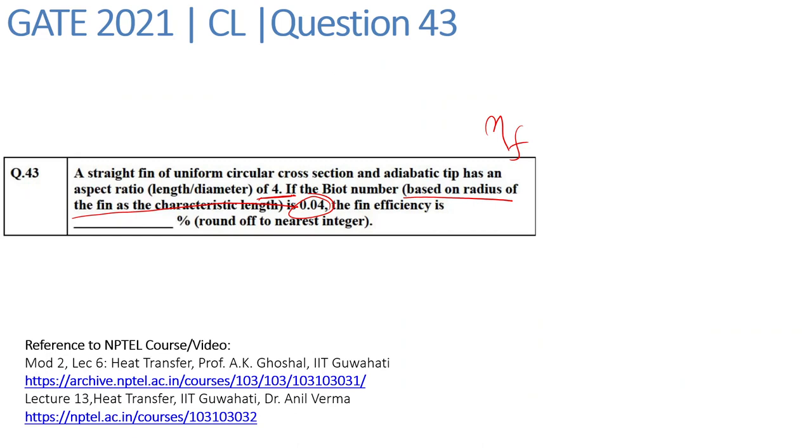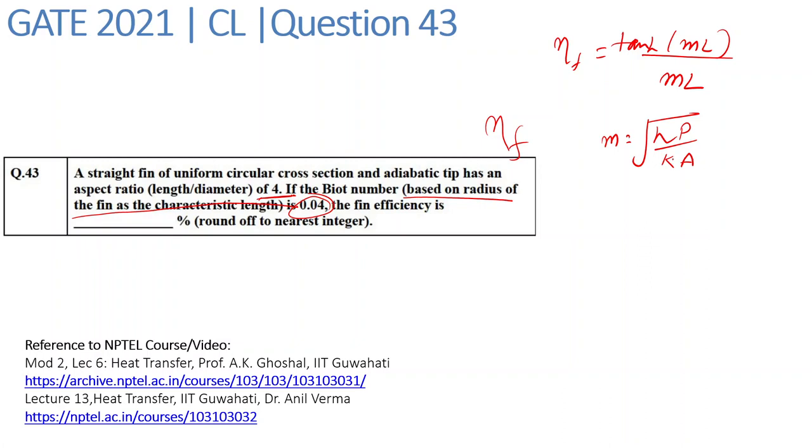Okay, so if anyone has doubt, then they can ask. Basically, in this question, we calculated the fin efficiency of a fin of circular cross section. So you can straight away remember the formula to calculate the fin efficiency: fin efficiency is given as tanh(mL) upon mL, where m is the square root of hP upon kA.